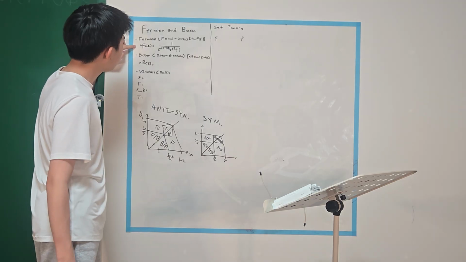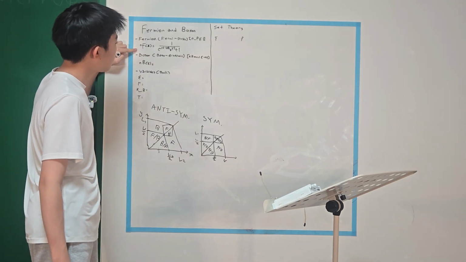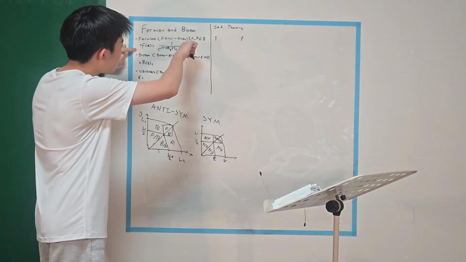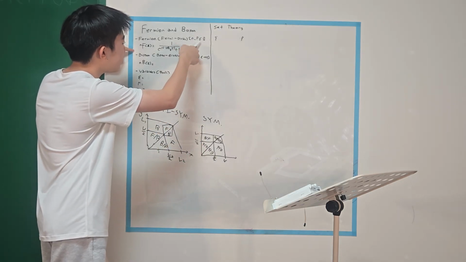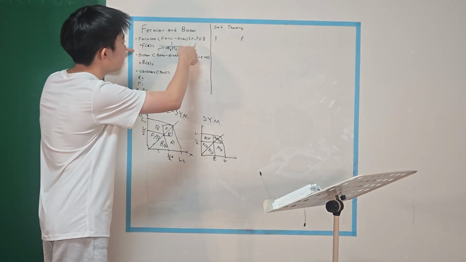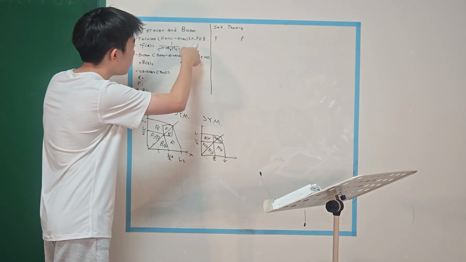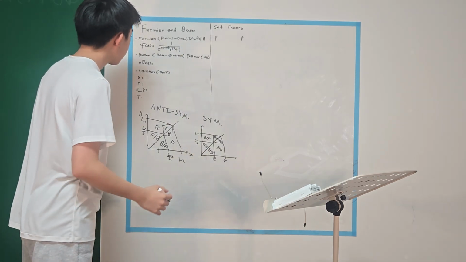This is the formula for the fermion, and the fermion equation has the occupation n_F, which should be smaller than or equal to 1.